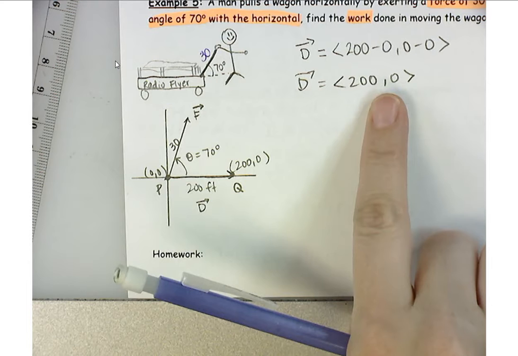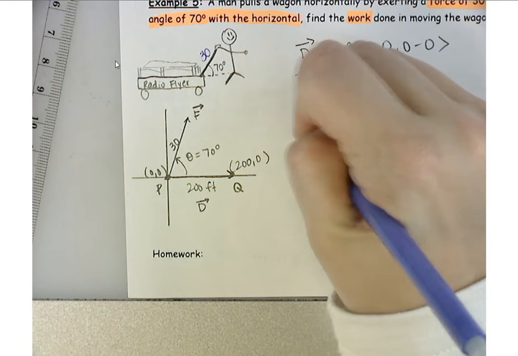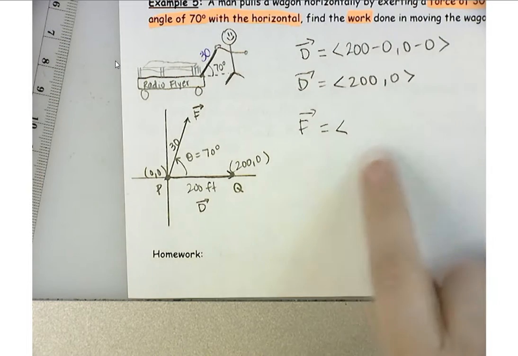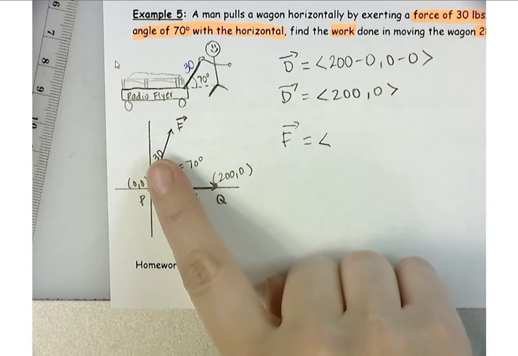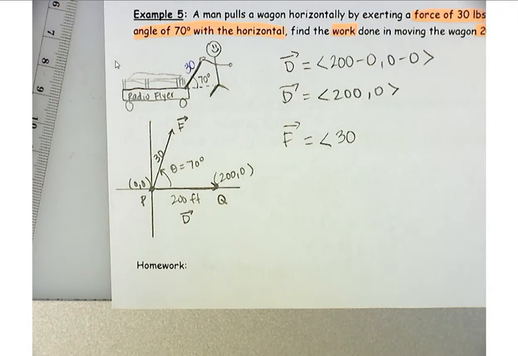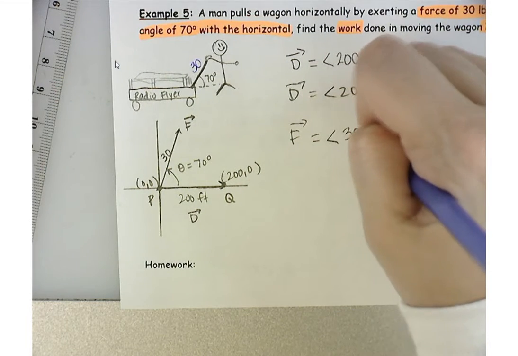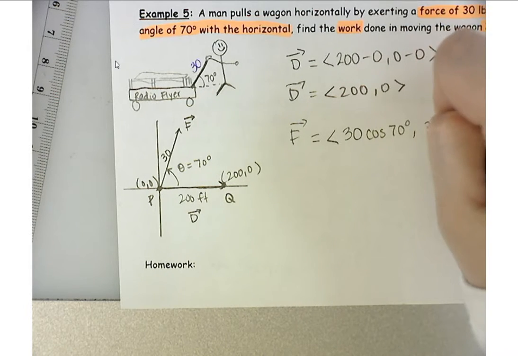Okay, so they both have to be vectors. Your force, think of this as the magnitude times the cosine of theta. So your magnitude is your force. So if you're exerting the force of 30 pounds, this is going to be 30 times the cosine of 70 degrees, and then 30 times the sine of 70 degrees.